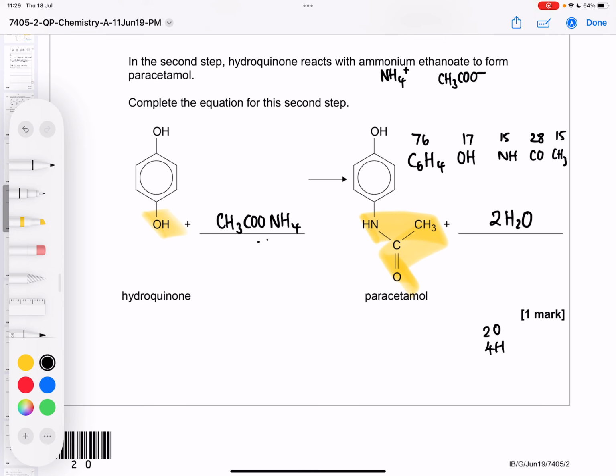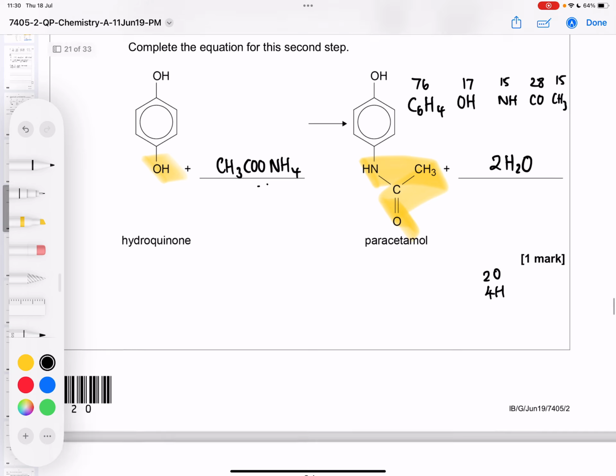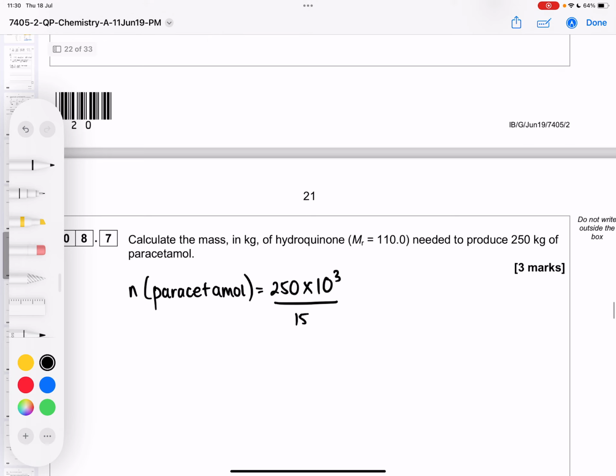So if you get your calculator and you add up those bits, you get 151. So 1.656 times 10 to the 3 moles.